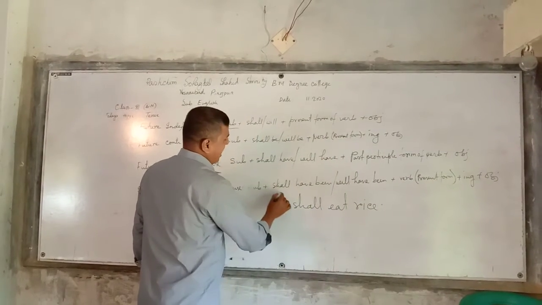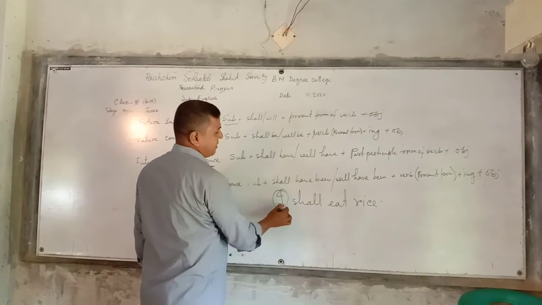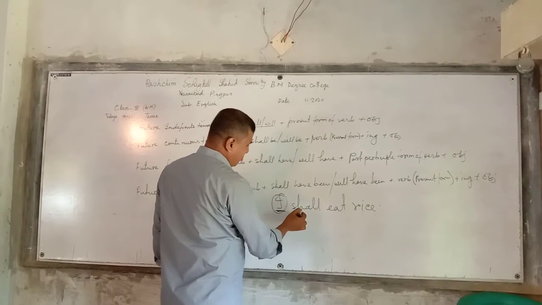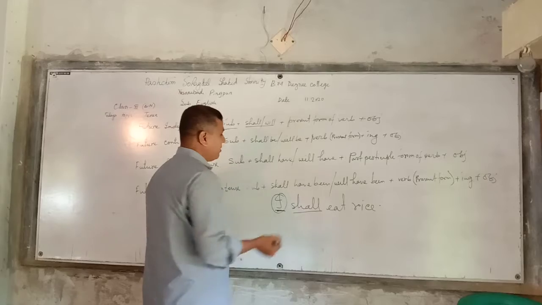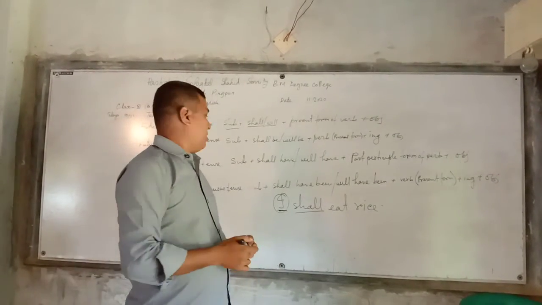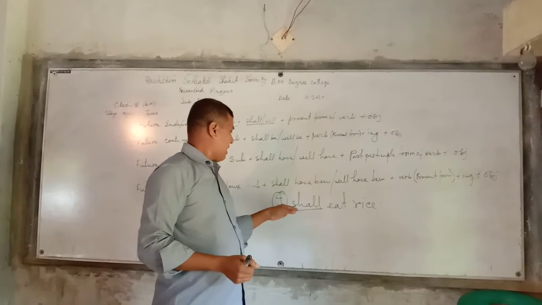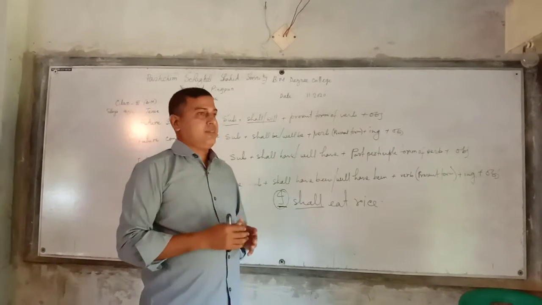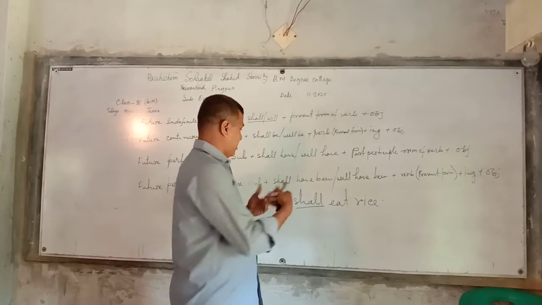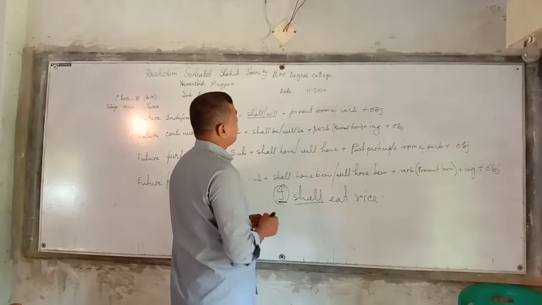In this sentence, I is the subject, and shall or will. Here we use shall after subject I, because we know shall sits after first person, and I is first person, and then we use shall.